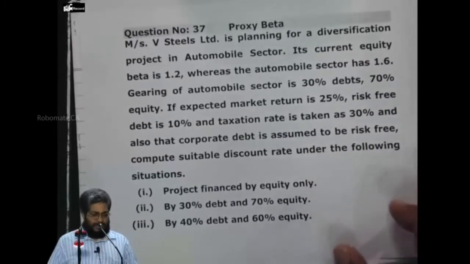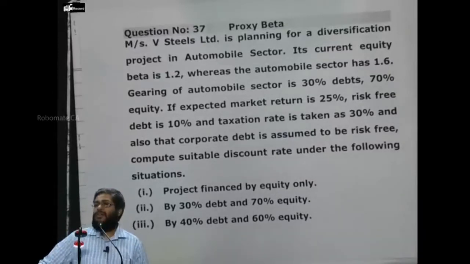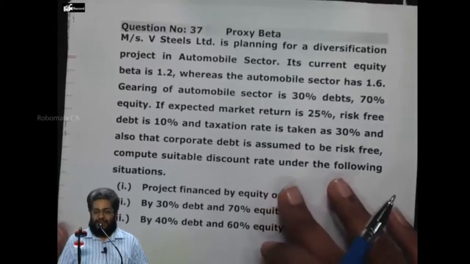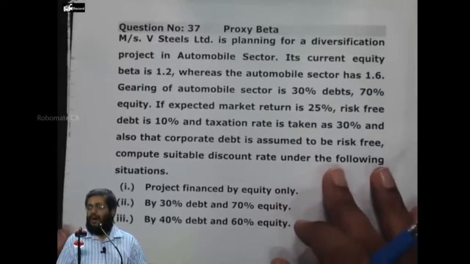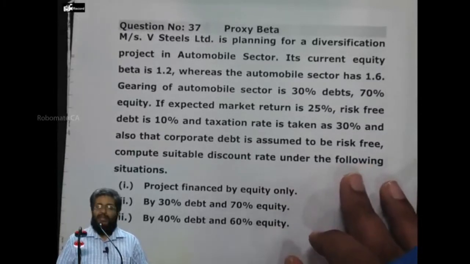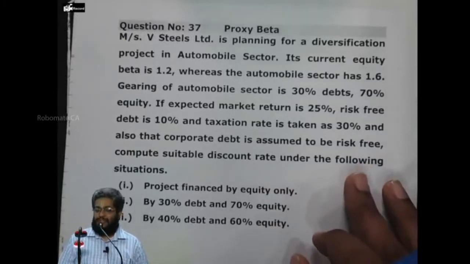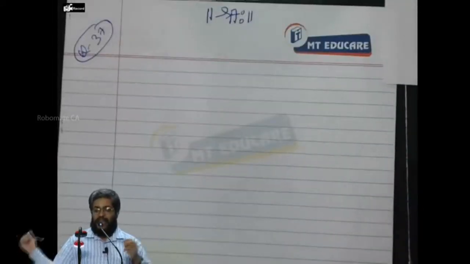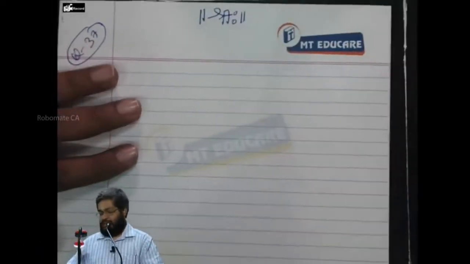Step 1. Beta U. Beta U means beta unlevered, of the automobile sector.